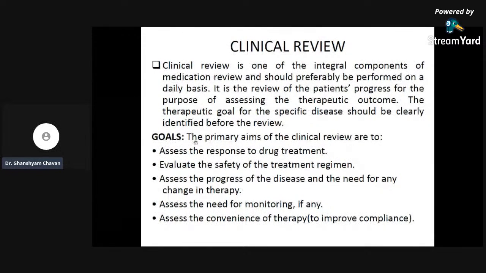First, the primary aim of the clinical review is to assess the response to drug treatments. That's why physicians are always called medical practitioners. They are practicing. So here we are checking. That's why we ask patients to come the next day after taking this therapy.